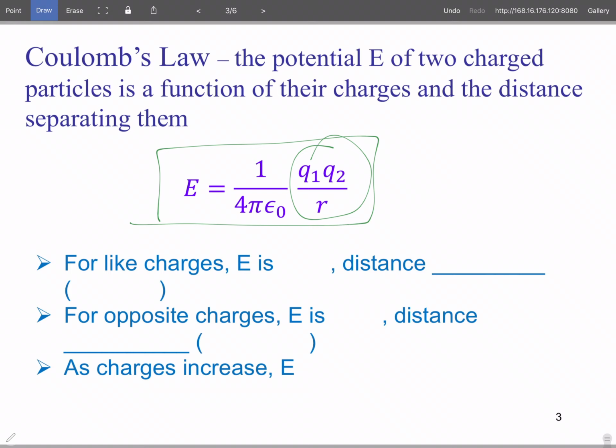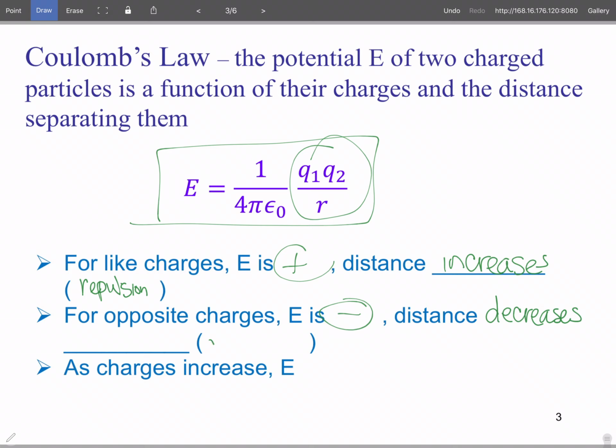For like charges, energy is positive, and the distance increases for like charges because we have repulsion. Like charges are going to repel. Okay, for opposite charges, energy is negative because the distance is going to decrease. Think of magnets, they're going to want to snap together because this is attraction.